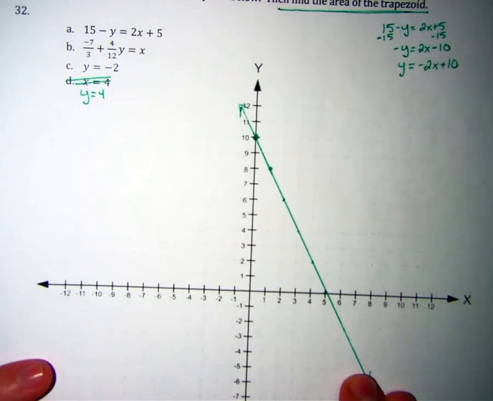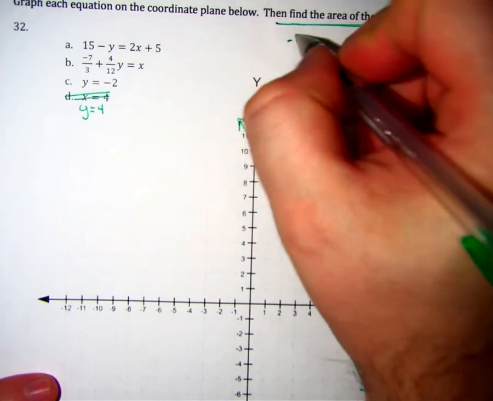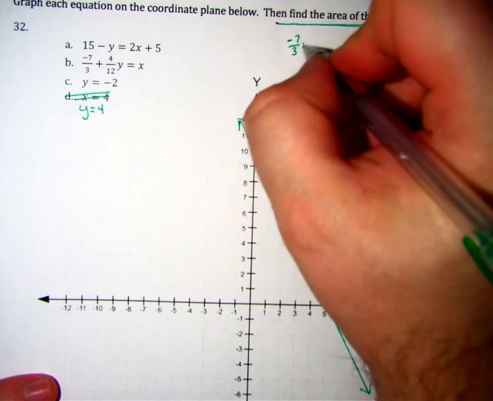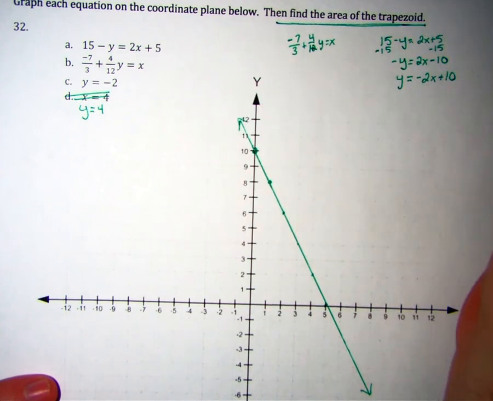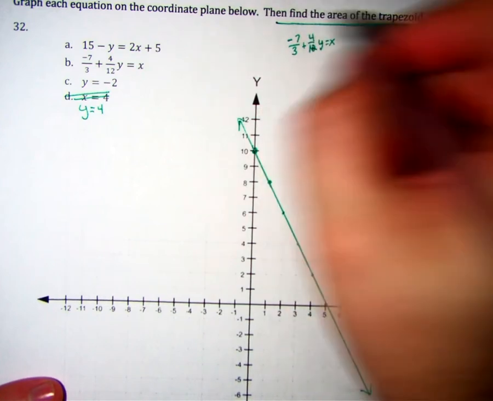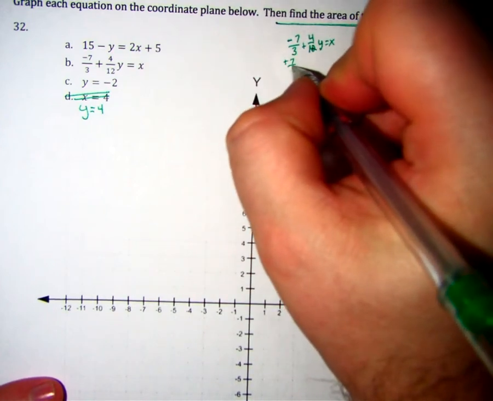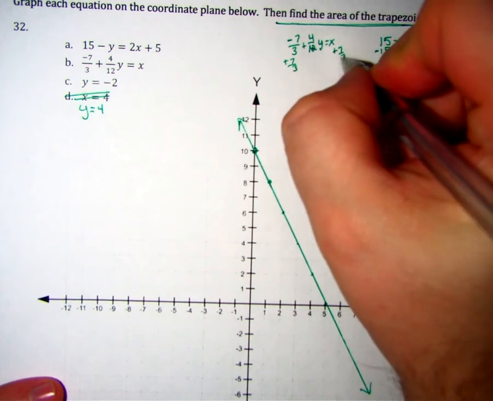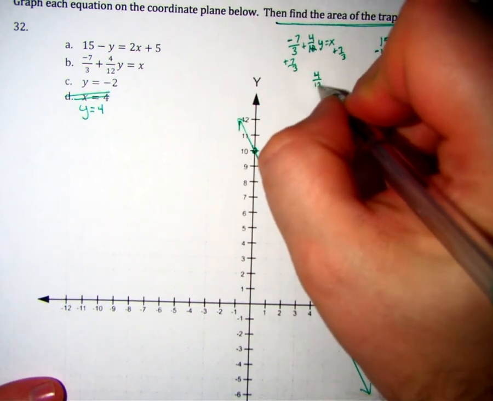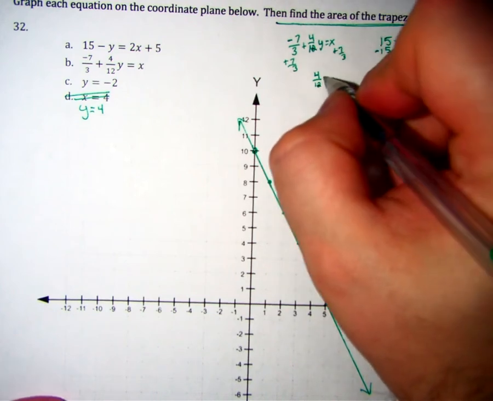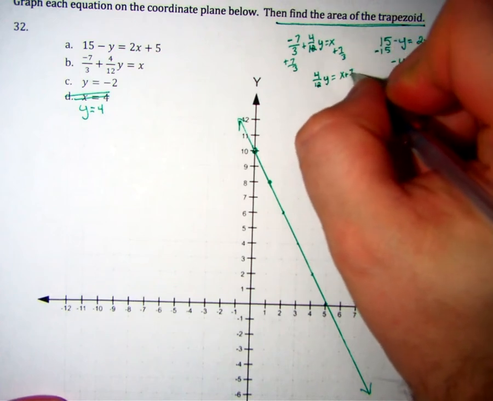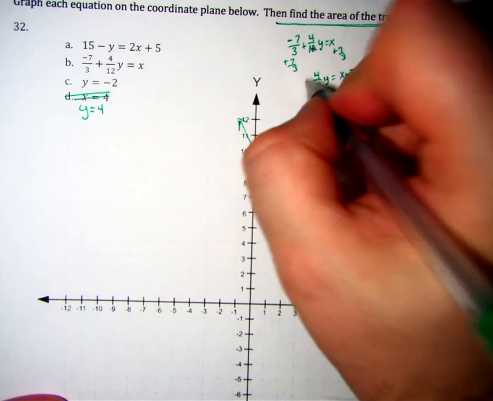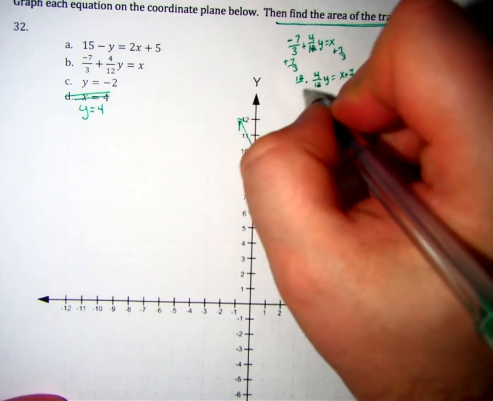And now we're going to graph our next equation. Our next equation is negative 7 thirds plus 4 twelfths y equals x. And so we'll add 7 thirds to both sides, and we end up with 4 twelfths y is equal to x plus 7 thirds, to which we're going to multiply by the reciprocal, 12 over 4.